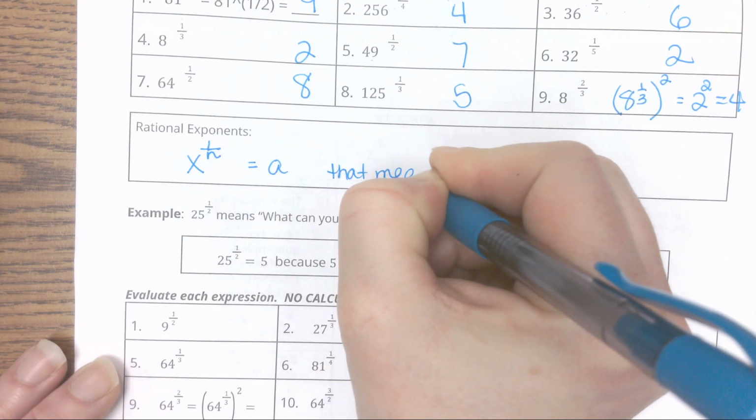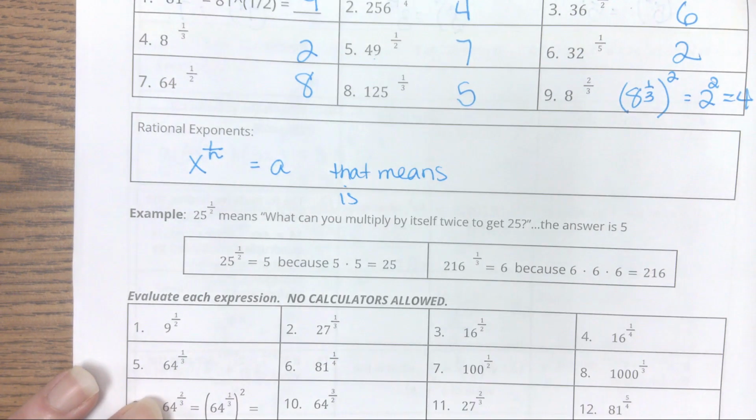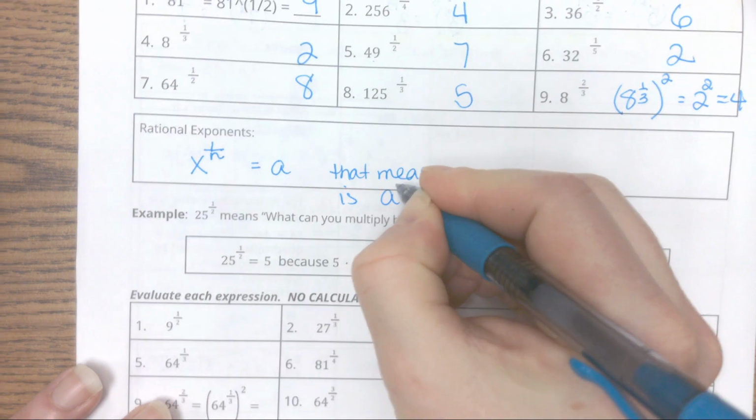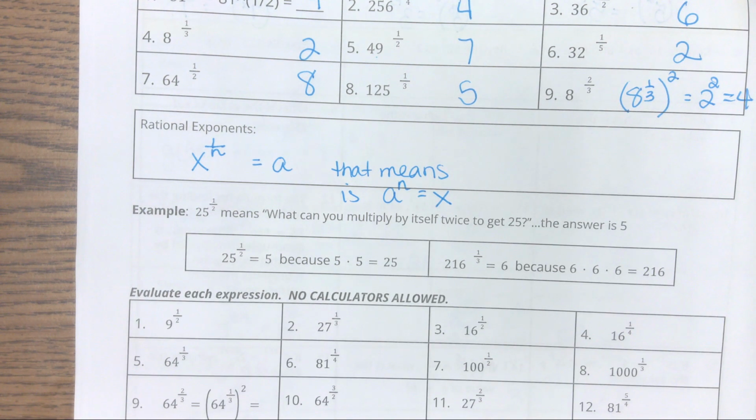What that means is a to the nth power would give you back the x. Okay, so those statements are flipped.